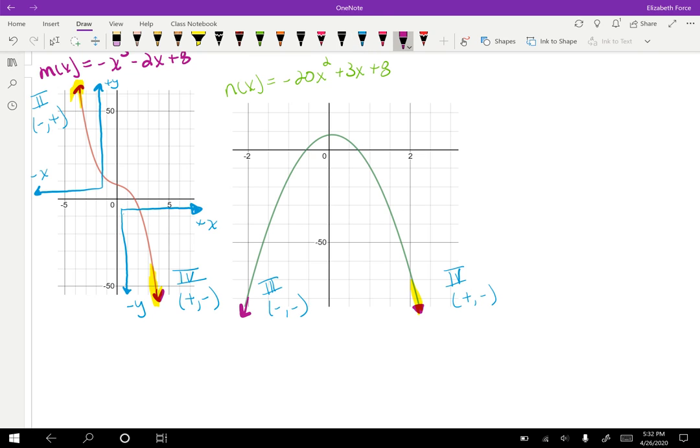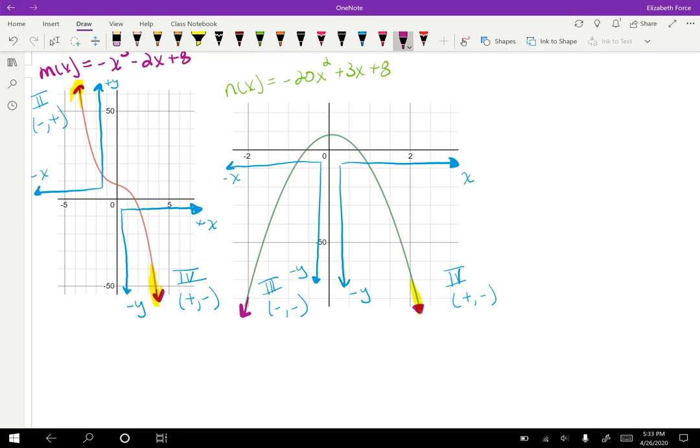So I'm going to write the end behavior over here for n of x, just because I don't have room over there. So as x gets larger in the positive direction, your y is getting larger and larger in the negative direction. And then as x gets larger in the negative direction, your y is still doing the same thing. Your y is getting larger in the negative.